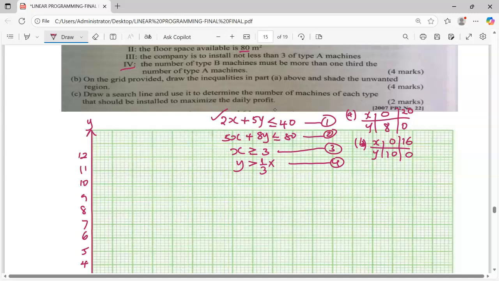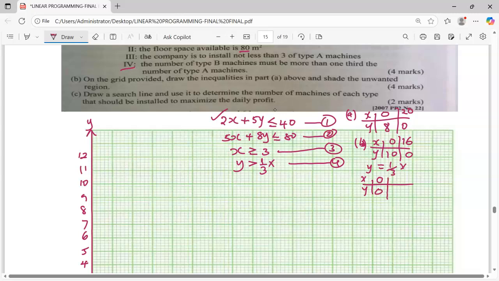For the fourth one, which is Y equals 1/3 X, we can also make a table having X and Y. If we assume that the value of X is 0, then the value of Y is 0.